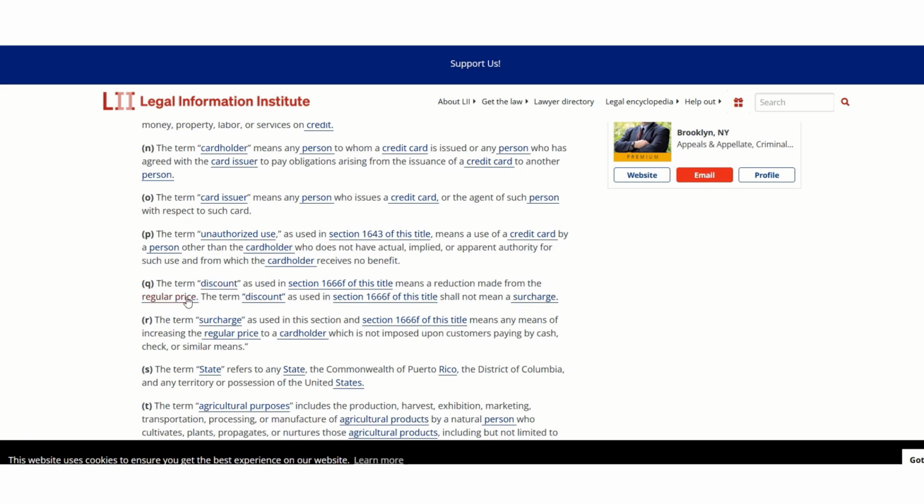The term unauthorized use, as used in this section, means a use of a credit card by a person other than the cardholder who does not have actual, implied, or apparent authority for such use and from which the cardholder receives no benefit. All right.